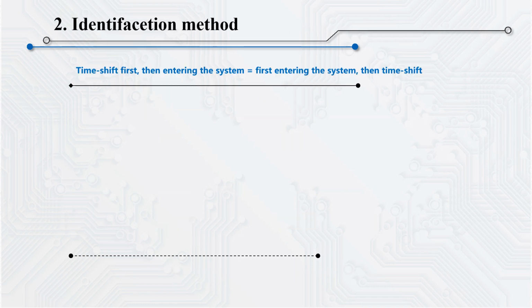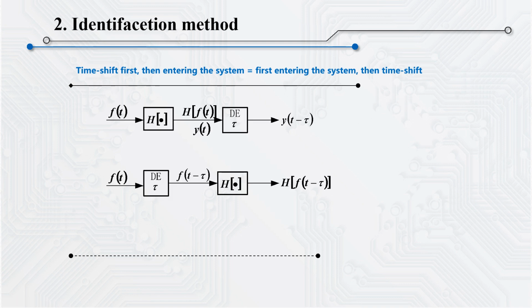The identification method of time-varying system and time-invariant system is similar to that of linear system. Time shifted first, then entering the system equals to entering system first and then time shift. If the condition is met, it is a time-invariant system. In Figure 3, the input signal enters the system H, and then it is time shifted.